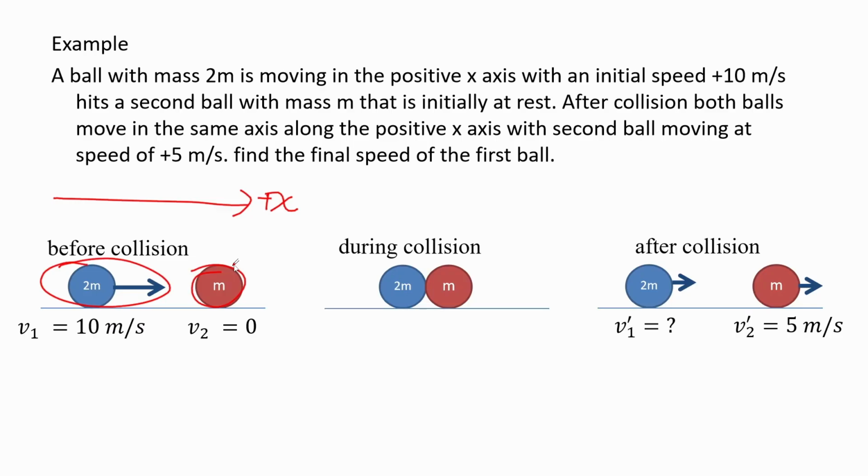And after collision, both balls move along the positive x-axis. So they all head this way, with the second ball moving at a speed of 5 meters per second. So they don't have the same direction of speed, but one went ahead. Okay, one went ahead.